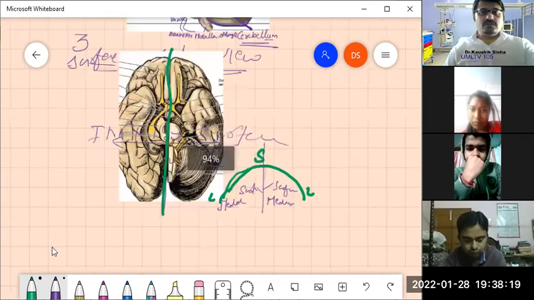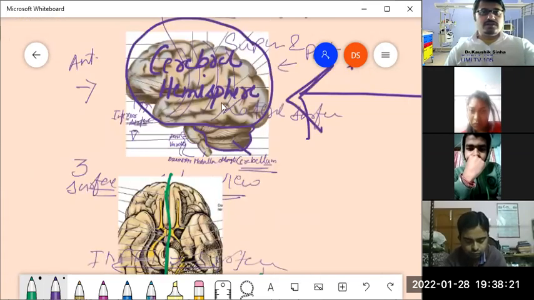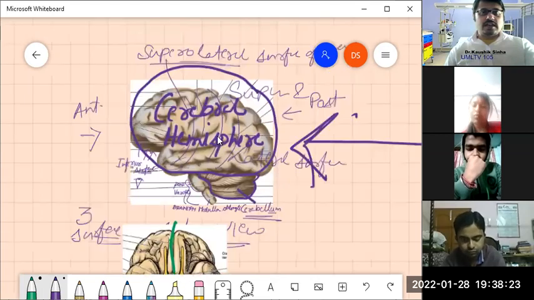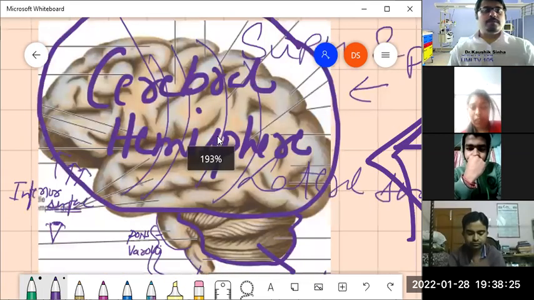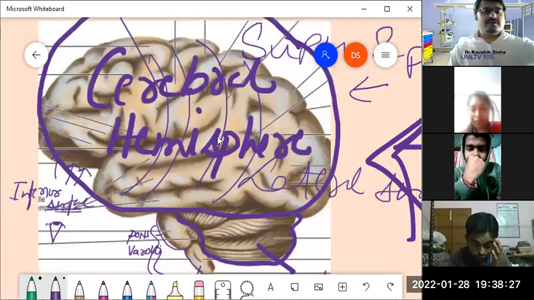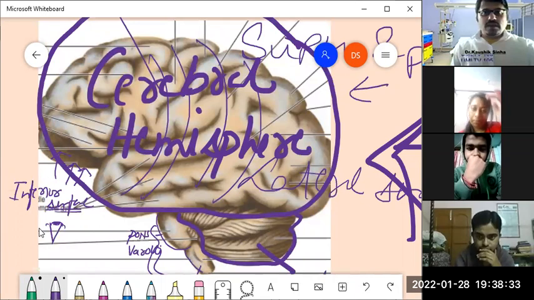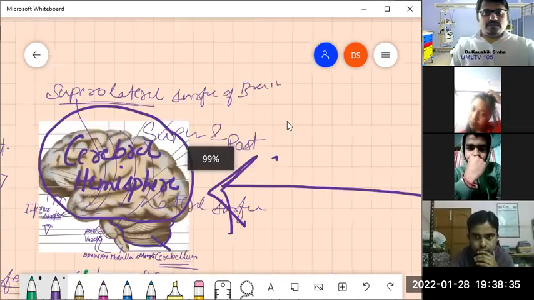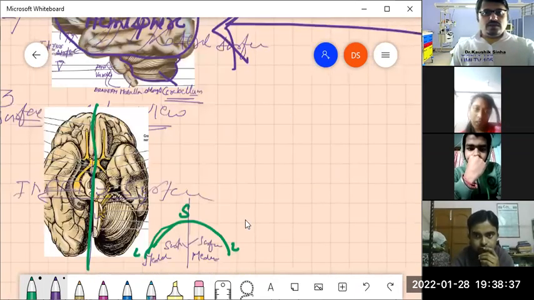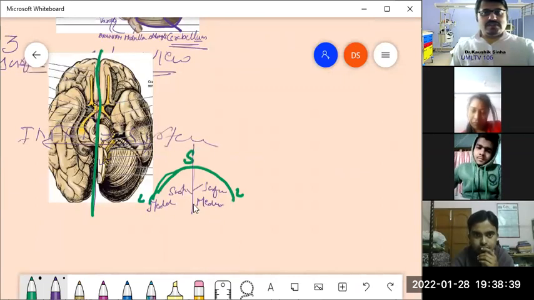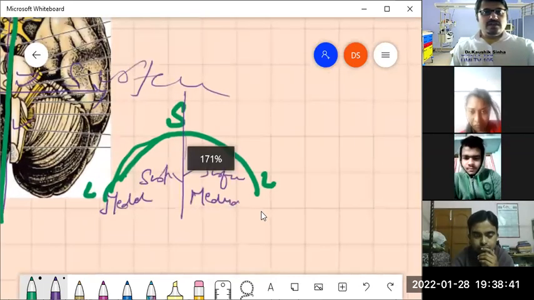I have used the word cerebral hemisphere out here on this diagram on the top. Cerebral hemisphere. Are you getting me now? Yes, sir. Okay. So these surfaces are to be termed as the medial surface.